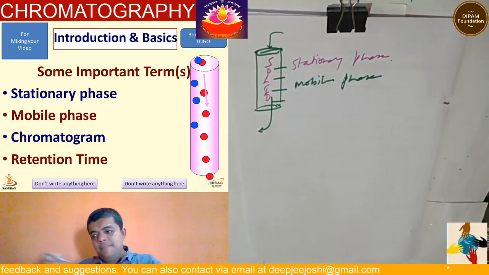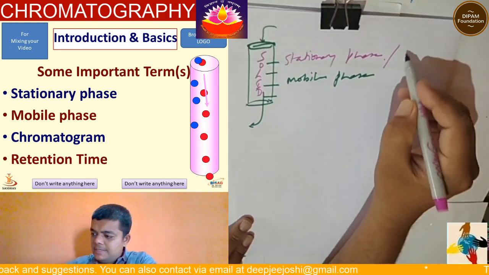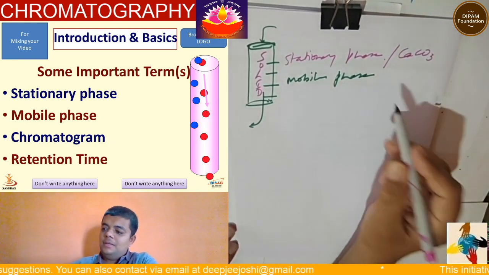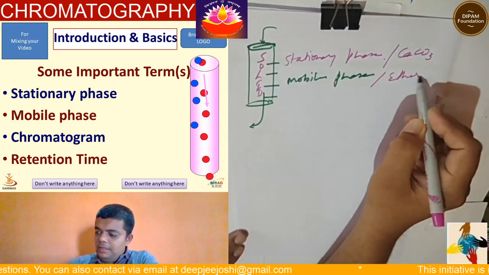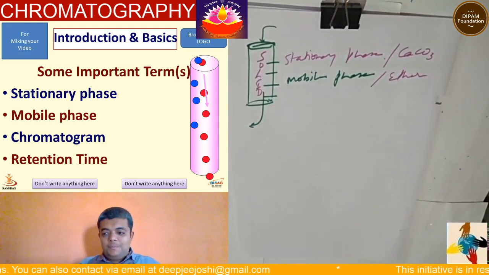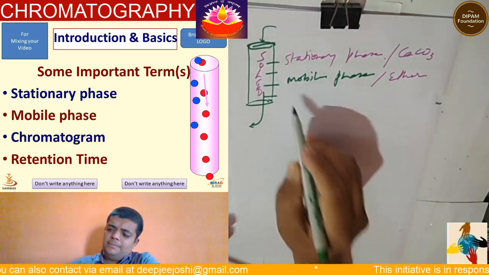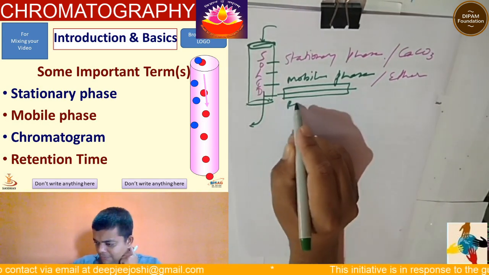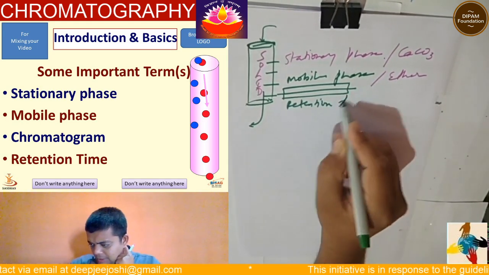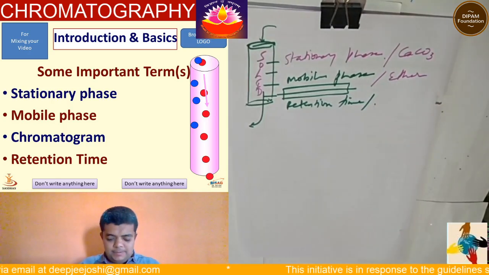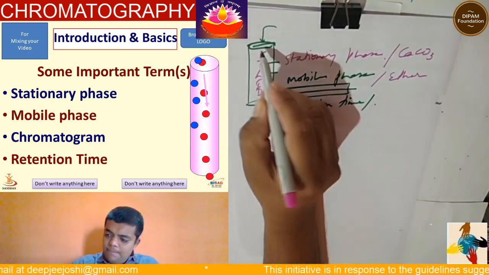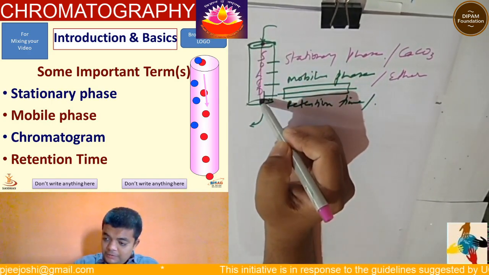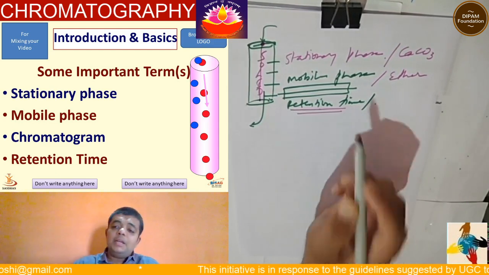So if we take the first example, for us, calcium carbonate is the stationary phase, and ether is the mobile phase. Let us keep this third term, chromatogram, out of the picture as of now. And this fourth term, retention time, let us coin it as the time taken by one component to reach from one end of the column to another end of the column.